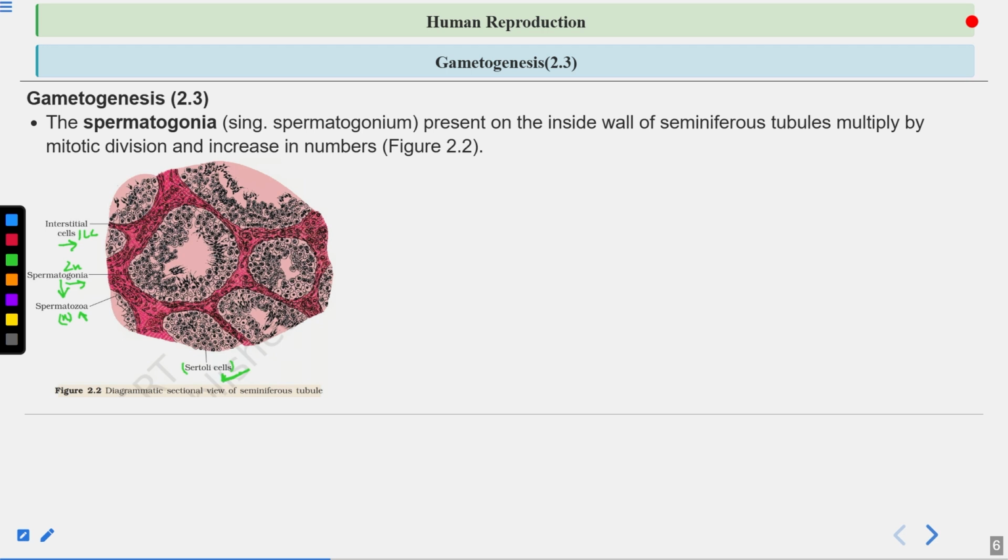A large nucleus means it can synthesize more proteins, more nutrients. So that's why Sertoli cells have a large nucleus, because it is involved in essential functions during spermatogenesis, including nourishing the germ cells. Okay, this is clear.